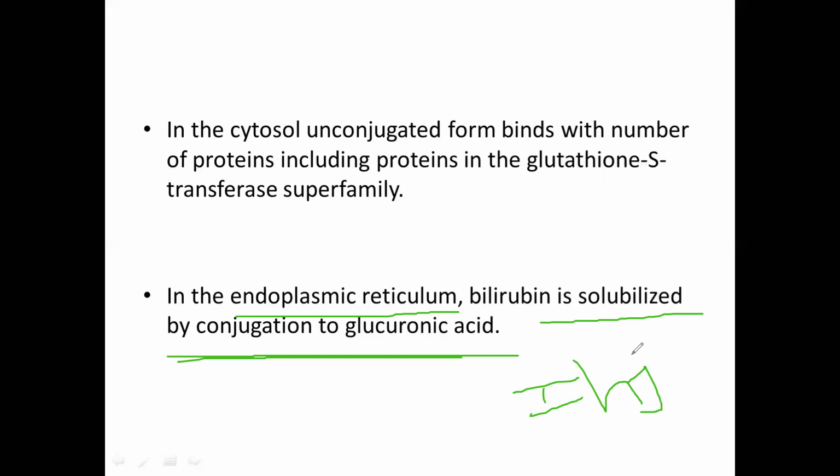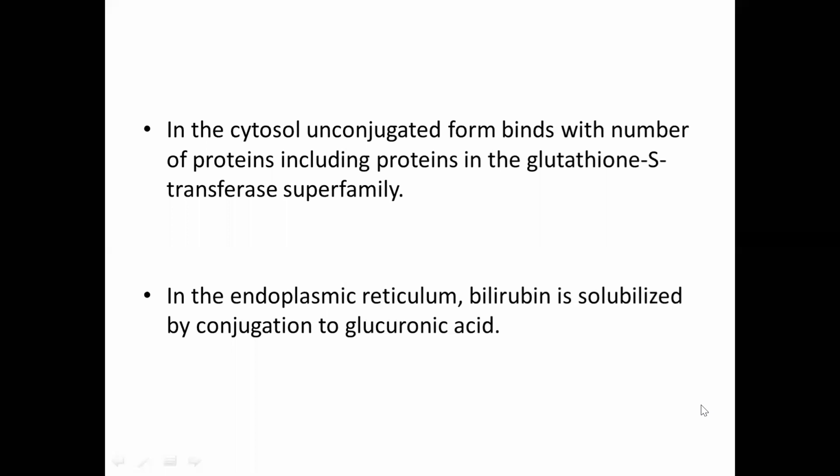As we all know, previously it was insoluble in water, but after this reaction the unconjugated bilirubin becomes soluble in water, because during this process the hydrogen bonds are disrupted, and hence this insoluble bilirubin becomes soluble in water.